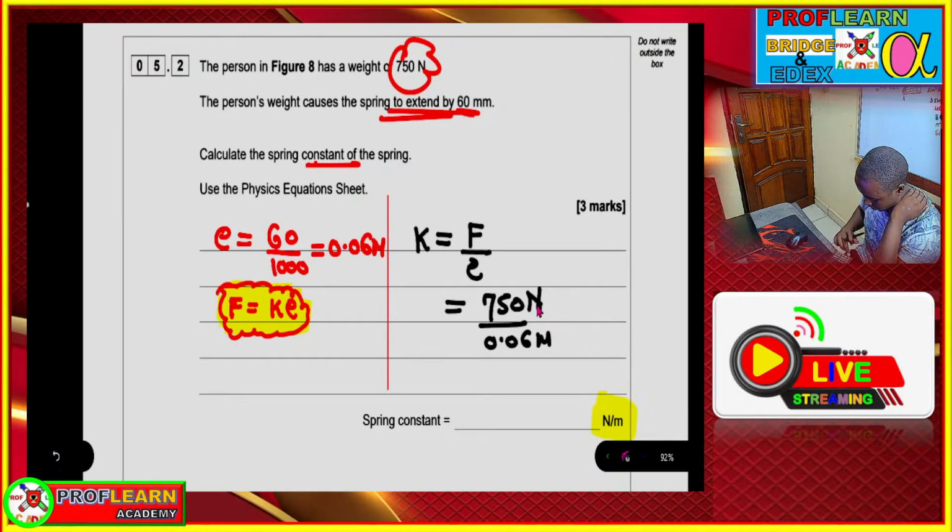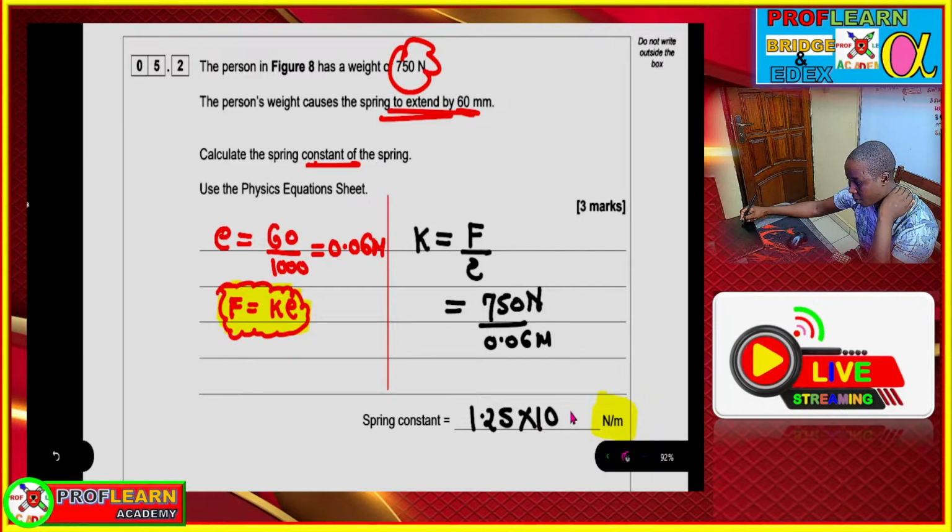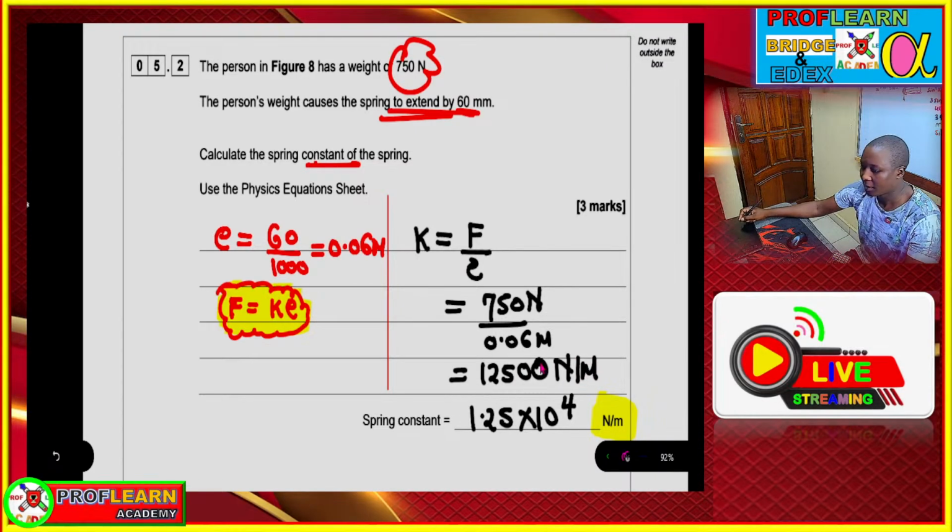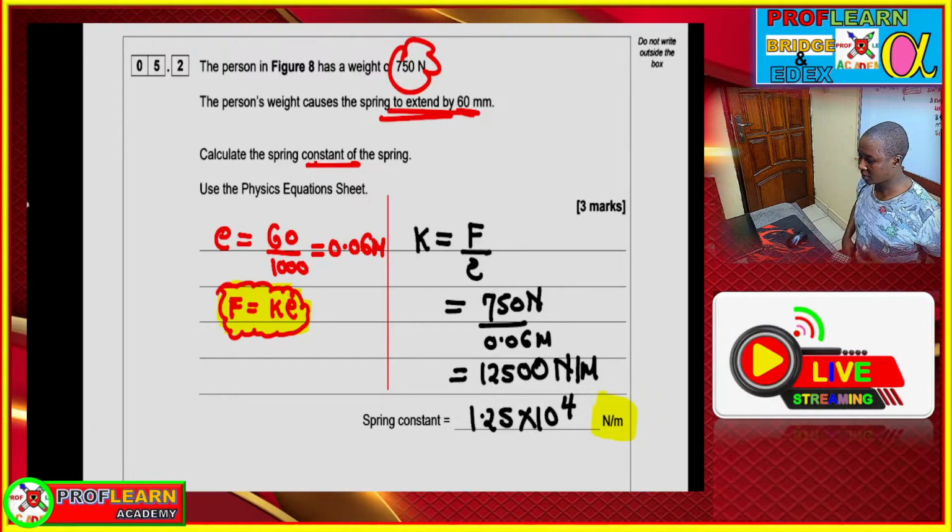If you divide here, this is going to be 1.25 times 10 raised to power 4 as the answer. Or you can just write directly 12500 newtons per meter, meaning that for every 1 meter, this spring requires a force of that.